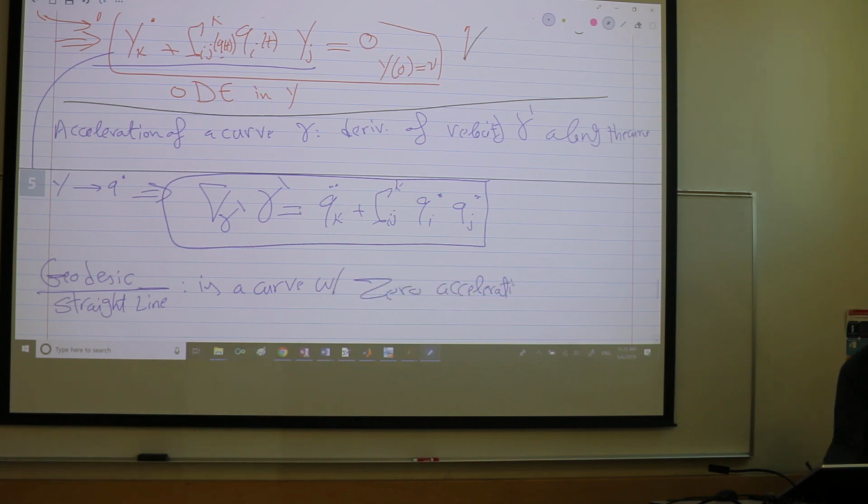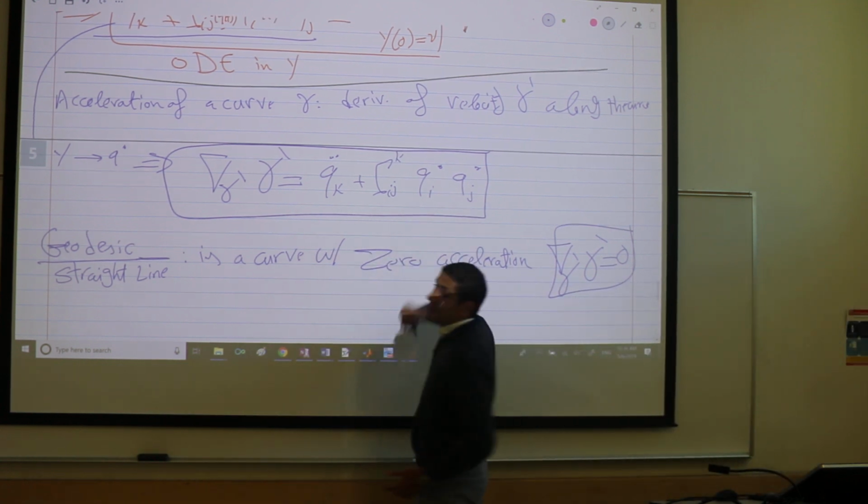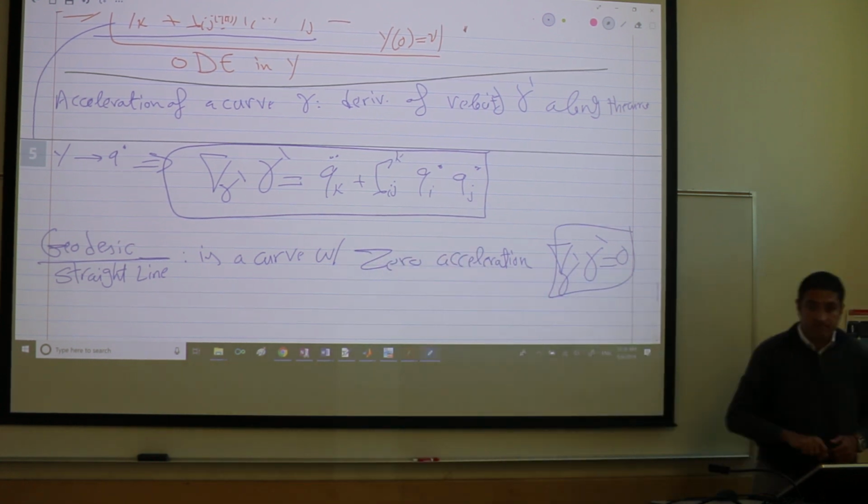It's a curve with zero acceleration. So the curve that satisfies nabla gamma prime is zero. So it's a curve whose coordinates satisfy this second order differential equation. Okay?